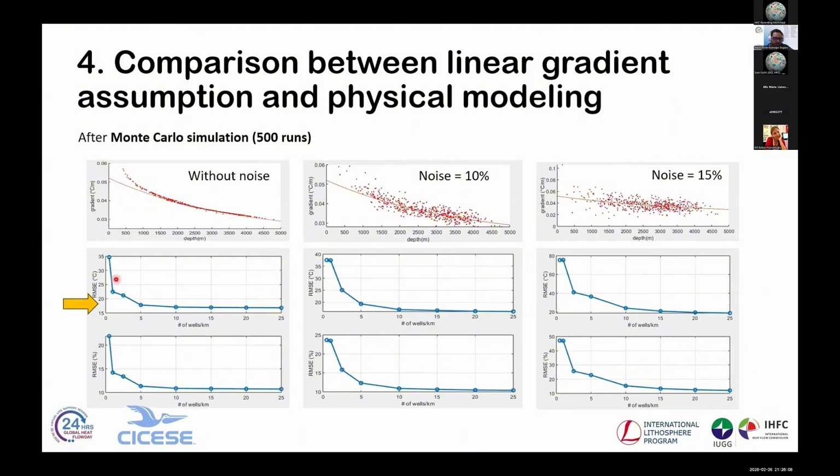The idea here was to evaluate how sensitive the estimation is to well density, meaning the number of wells per kilometer. And we observed, consistently, that if we don't have enough wells in a certain area, this can lead us to really big errors, even in the order of 80 degrees Celsius.